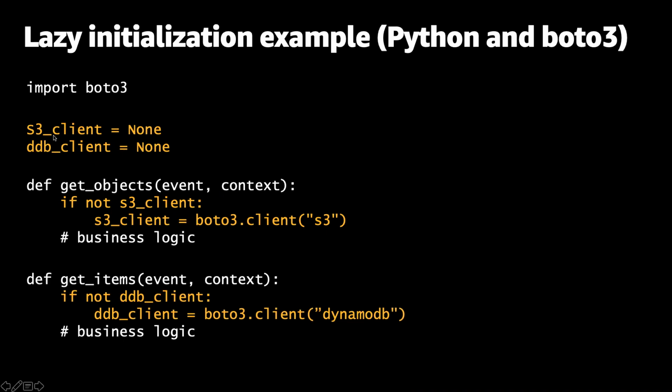Maybe it's less than a millisecond in this case, but imagine that instead of the S3 client or the DynamoDB client, these are huge libraries, or at least complex libraries that take 20 milliseconds to just initialize the object. So by lazily initializing them inside each individual handler that needs them, I'm effectively minimizing the cold start of each individual handler, of each individual function.